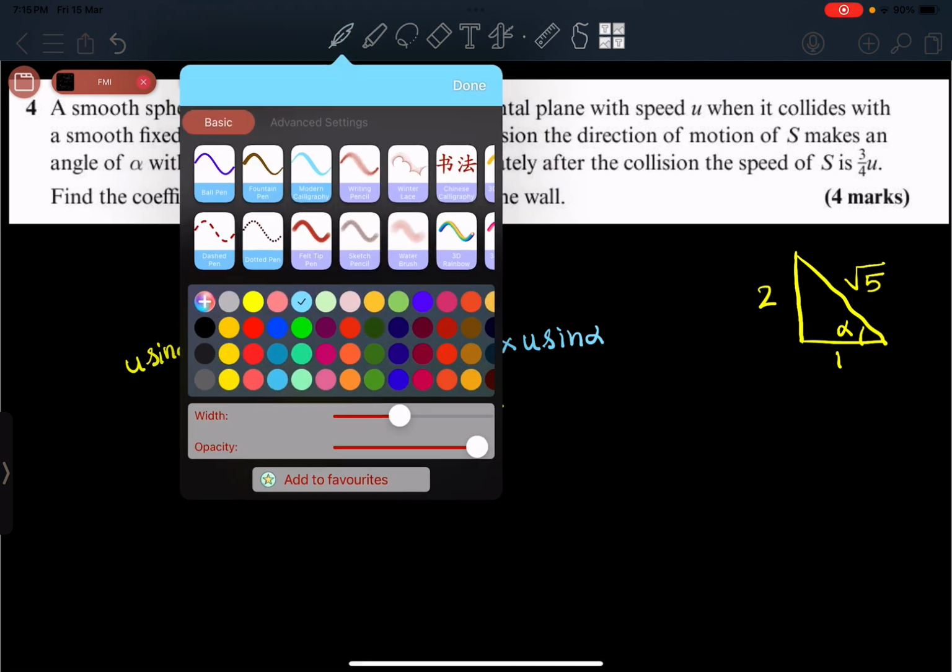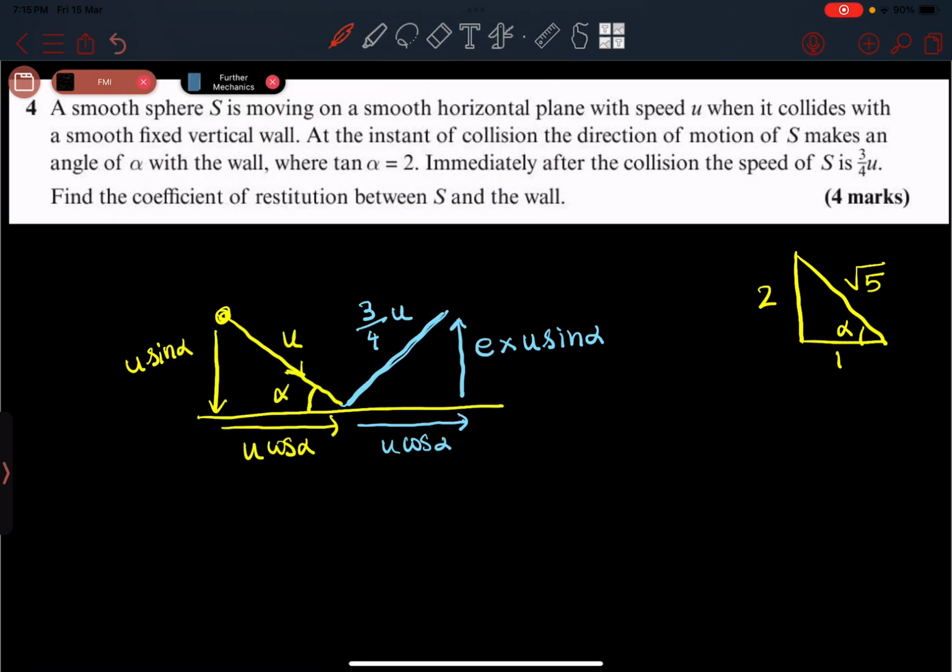I'm going to call the horizontal component x, and the vertical component y. So the horizontal component is u times cosine alpha, which would then be u times 1 over square root 5. That would be x.